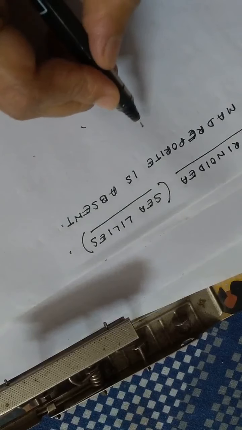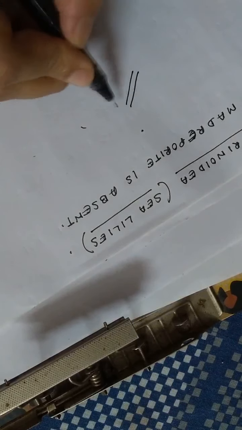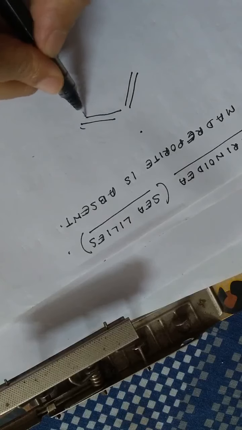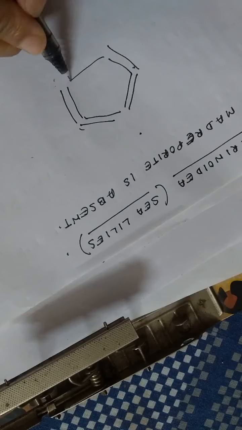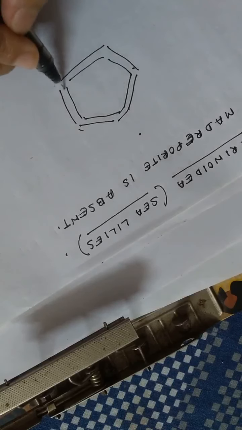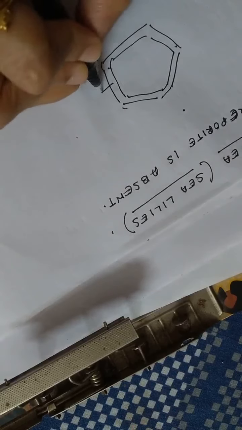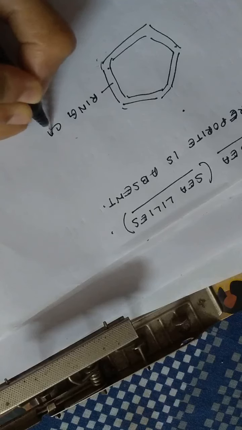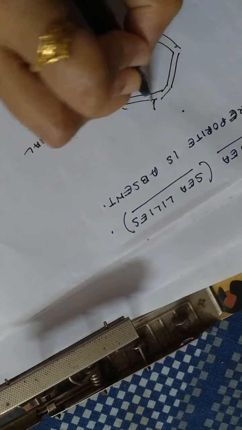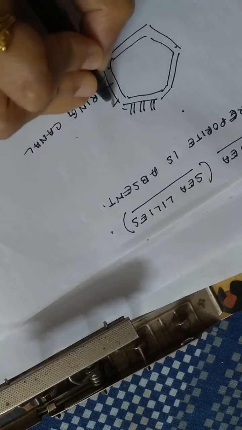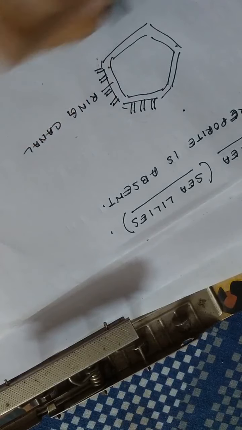So how does it look like? Let me draw the diagram. So this is, as we know, the ring canal. Now each ring canal gives rise to the radial canal, but here it is numerous in number.